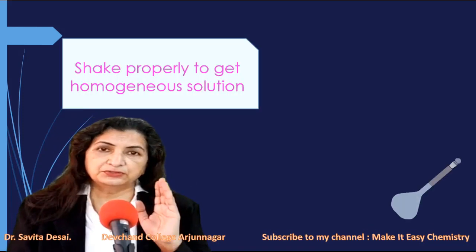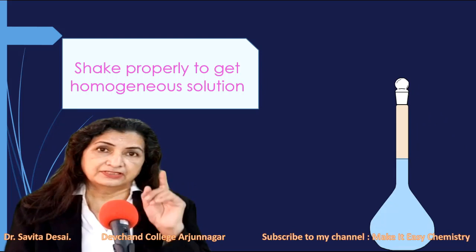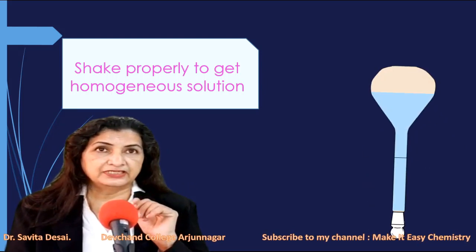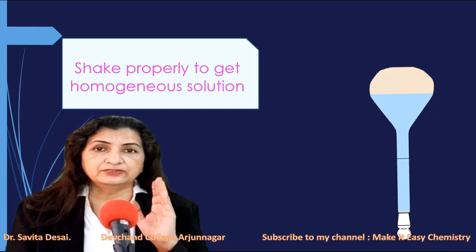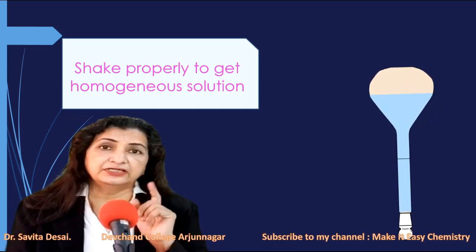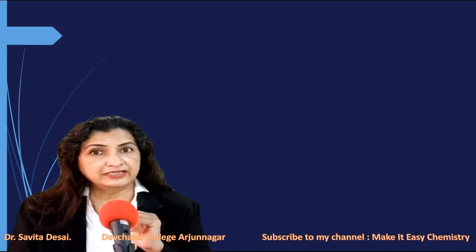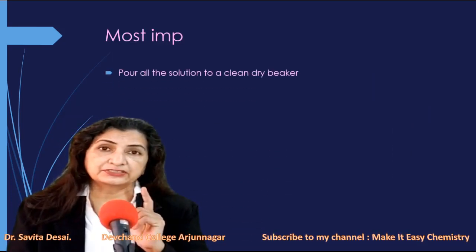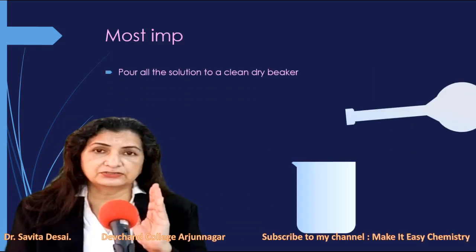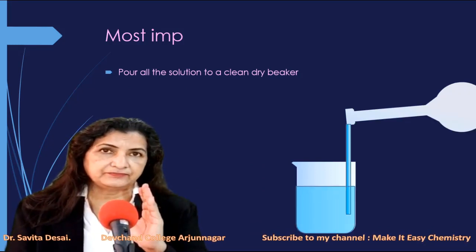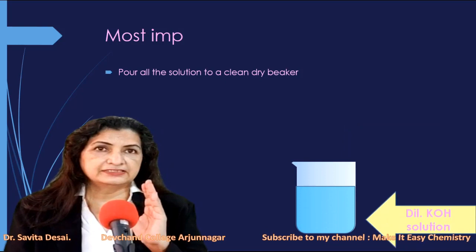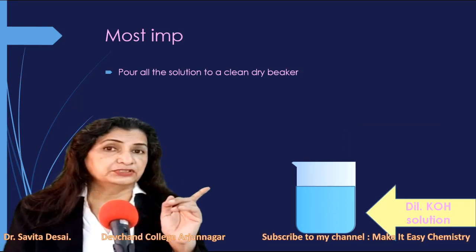Again, we shake it properly after corking it, inverting it and shaking it to get a homogeneous solution of dilute KOH. Again, we take the same precaution. We pour this solution into another clean and dry beaker. This is nothing but the dilute KOH solution.